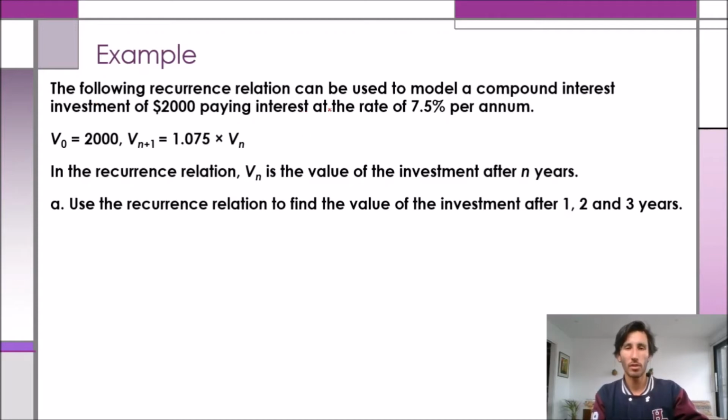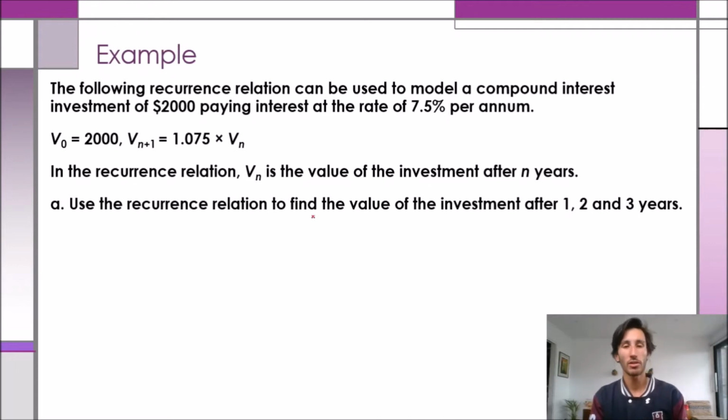The following recurrence relation can be used to model a compound interest investment of $2,000, paying interest at the rate of 7.5% per annum. V0 is 2,000, Vn+1 equals 1.075 times Vn. In the recurrence relation, Vn is the value of the investment after n years, so we're just making that explicit there.